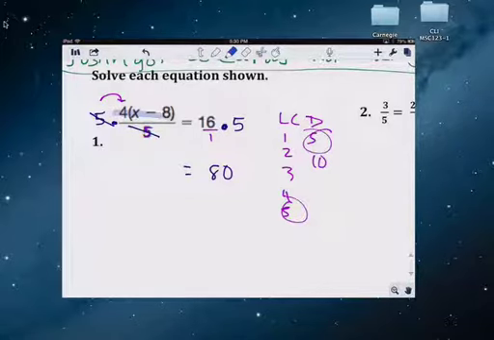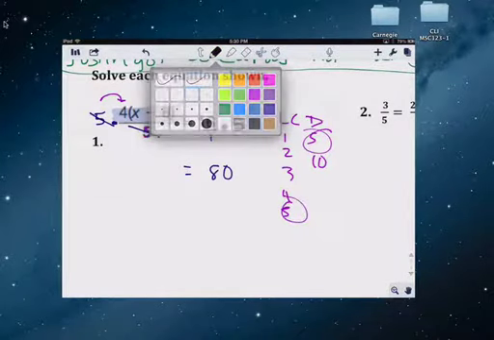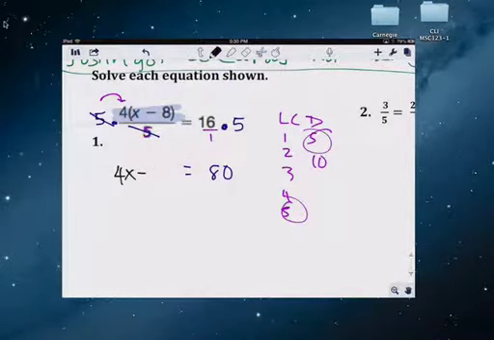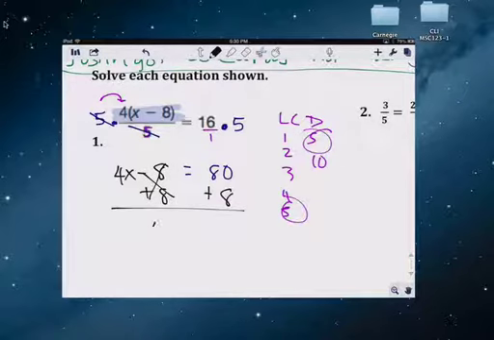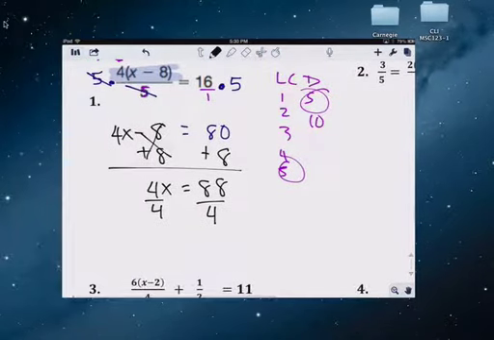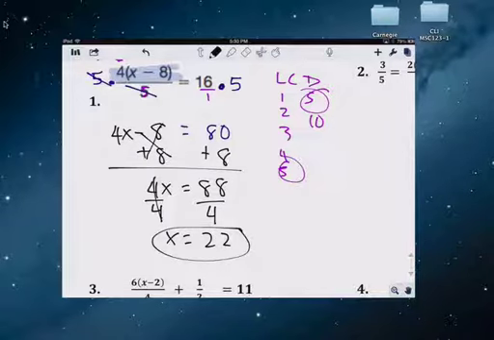That gives you the same thing here. What's there goes to 4x minus 8. Add 8, you get 4x equals 88. Divide by 4, x equals 22. Okay?